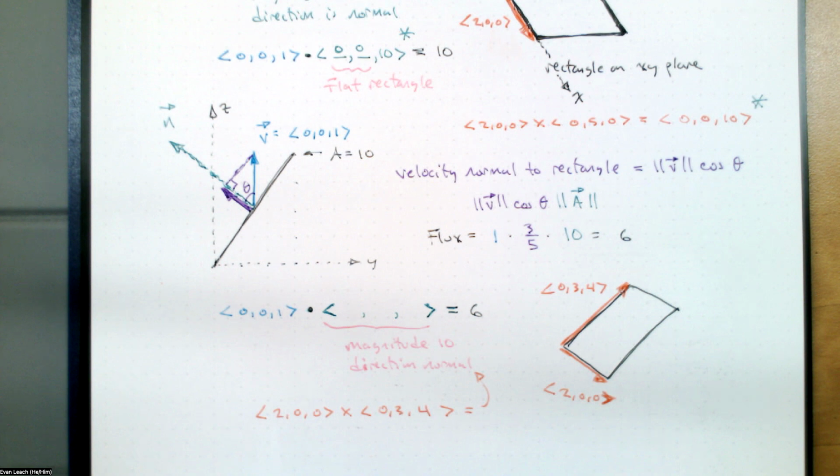Why does that make sense in terms of the dot product, magnitude, cosine? Cosine of 90 is 0, and the angle between the normal vector and the vector field is 90. So the cosine of that is 0. None of this vector field is flowing through that surface.